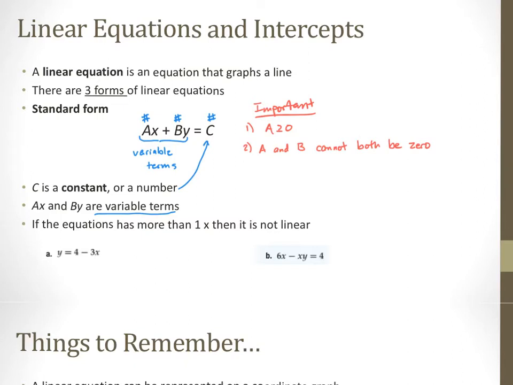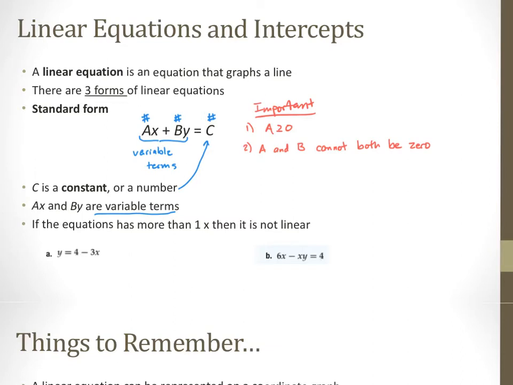And that just goes into how we write standard form and how we will use it later on. Now B and C, they can be whatever they want. B can be negative, C can be negative, all they want. A is the only number that cannot be negative. Now number 2, this says A and B cannot both be 0.